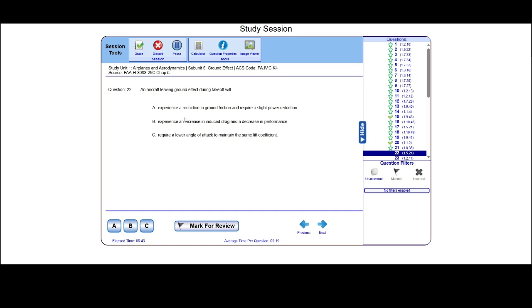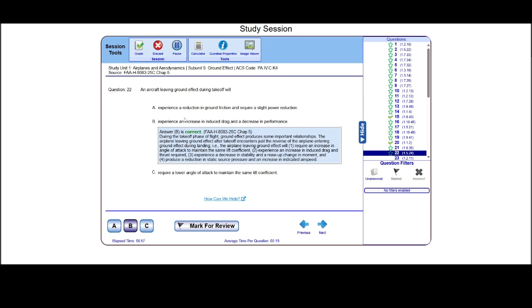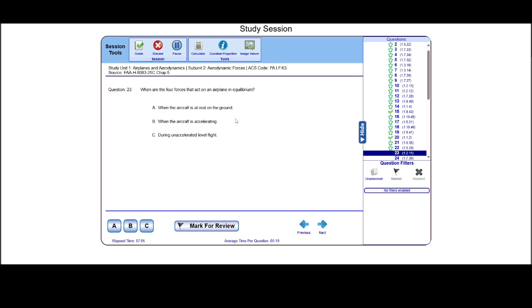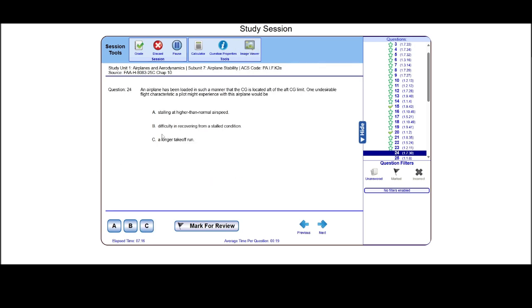With an airplane leaving ground effect, it will experience a decrease in performance because you're getting off the ground before the necessary takeoff speeds. So it would be B, which has an ability to climb, which gives it the decrease in performance. The 4 forces act on a plane in equilibrium, so that's straight and level flight. The airplane has been loaded such that the CG is located at the aft limit.